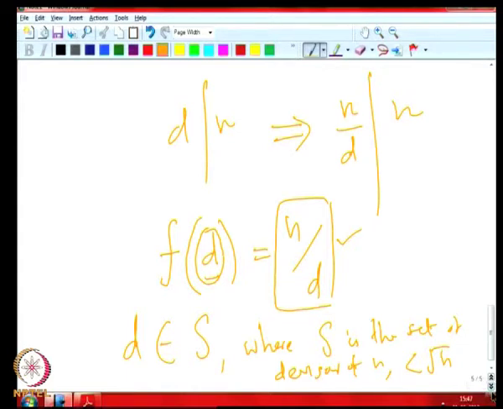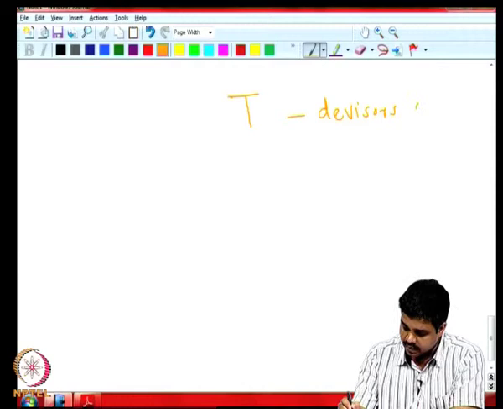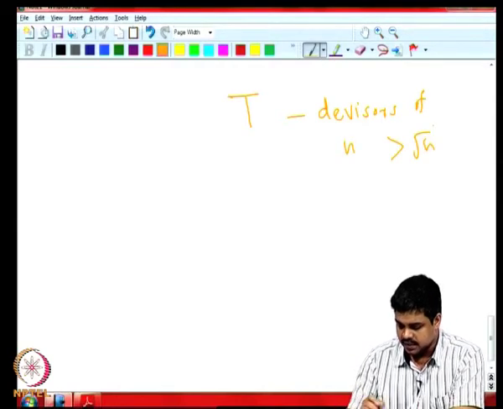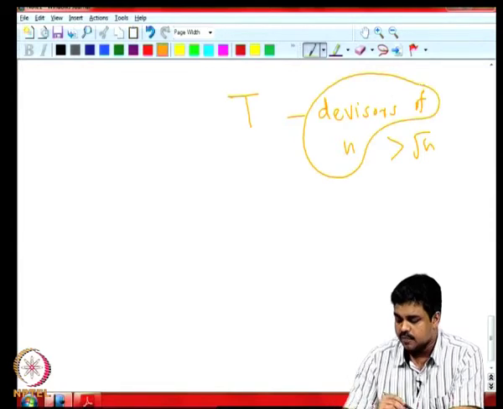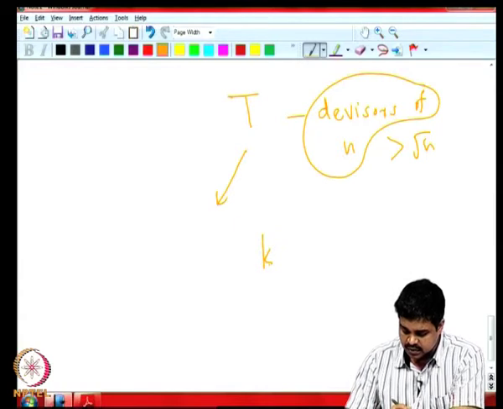Now, what we have to check is, this function is indeed a bijection. How do we check? So, we go to the set T, namely the divisors of n strictly above root n, right, divisors of n strictly above root n we take, this is this. So, now you take any k, right.